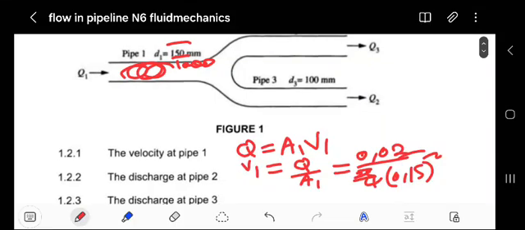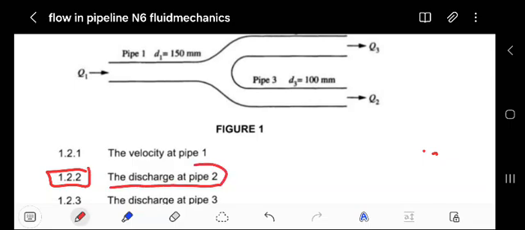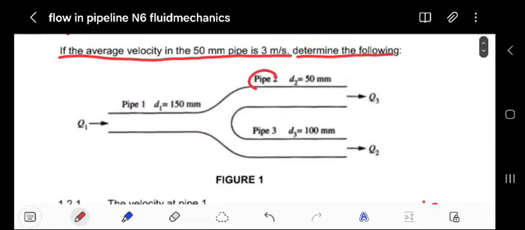1.2.2 says determine the discharge at pipe 2. Here we have the diameter, and we have the velocity, which is 3 meters per second.